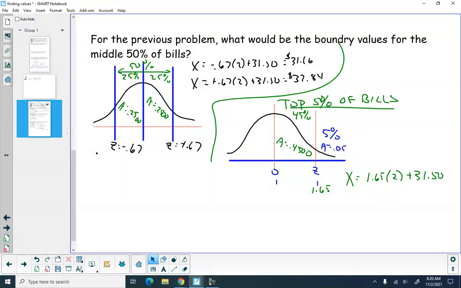Sarah, what would your bill be? Oh, we're just looking at the top end one, the positive one, not the negative one. $34.80. So you'd be the big spender. You want to spend above $34.80 to show that you're in the top 5% of the bills.